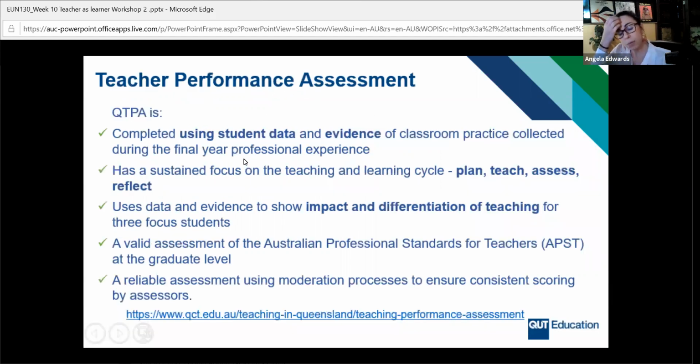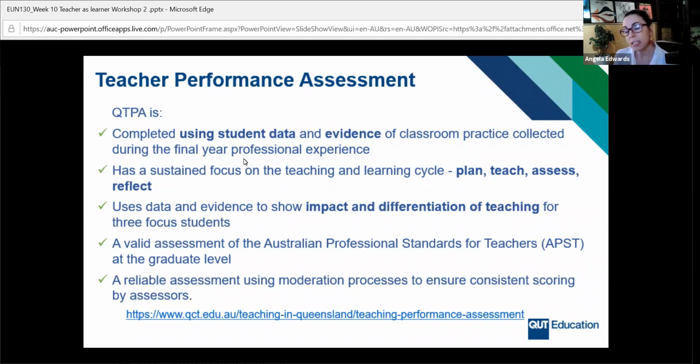So as discussed previously, your QTPA is linked to your final placement, and it will involve a written assessment and also an interview with a panel here at QUT. So on the slide is a link to the QCT website outlining exactly what the QTPA involves. So access the link and you can find out the specific details.